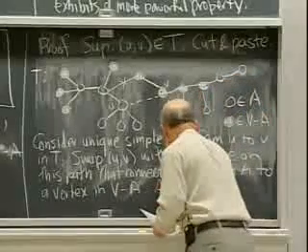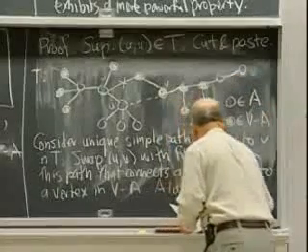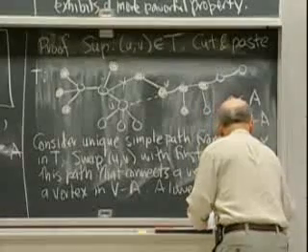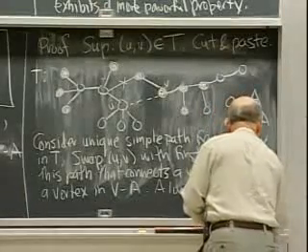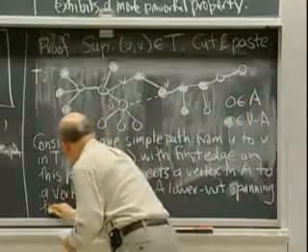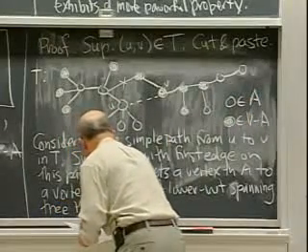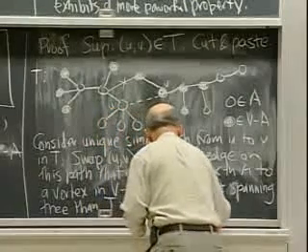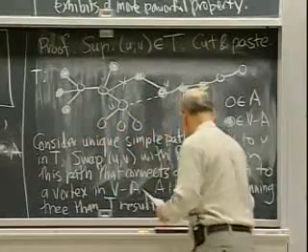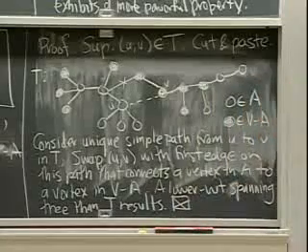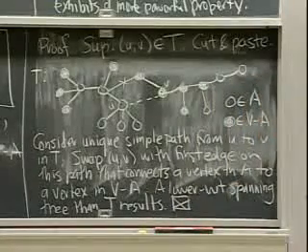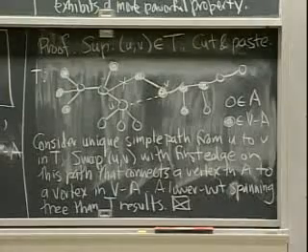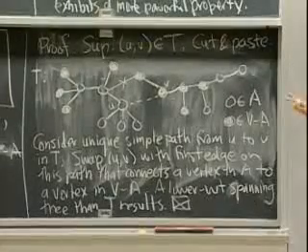So a lower weight spanning tree than T results. And that's a contradiction. How are we doing? Everybody with me?